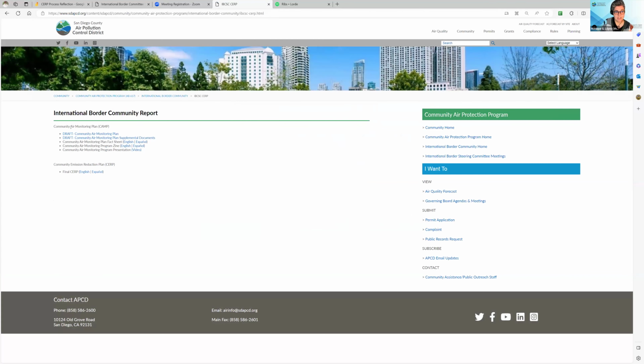You can review the community air monitoring plan, which you all worked closely with Kevin and David, and I think Rebecca's here as well. So that's where you can find these documents. But here's where you can find the community emission reduction plan that you all helped work on. And let me go ahead and paste that here. And special thanks to Victoria for helping add this all to the website. And Victoria is here as well tonight.